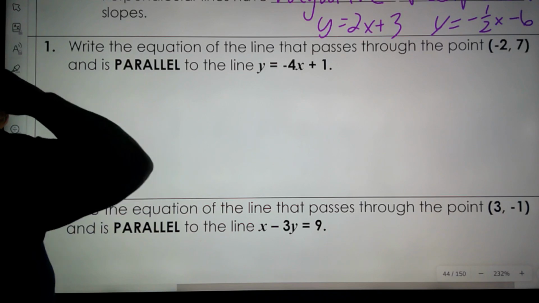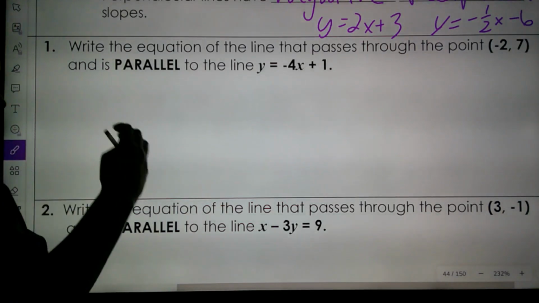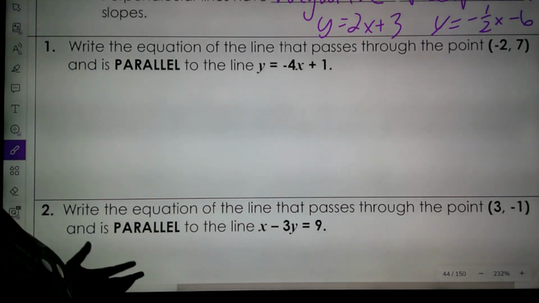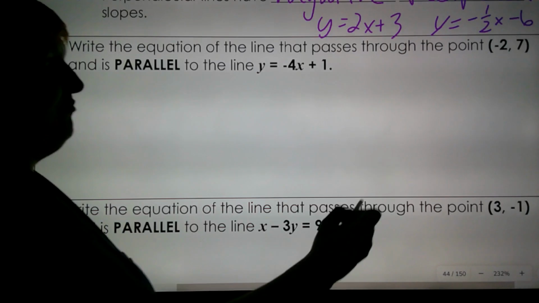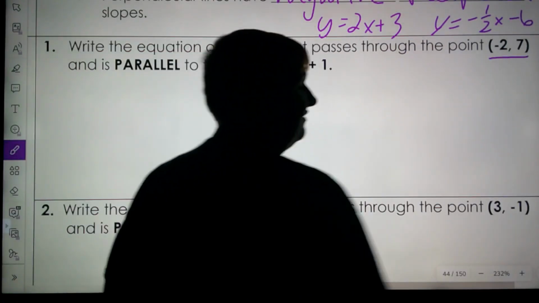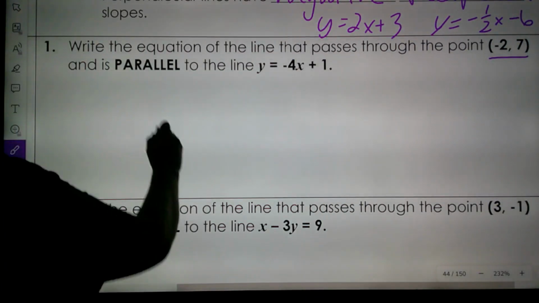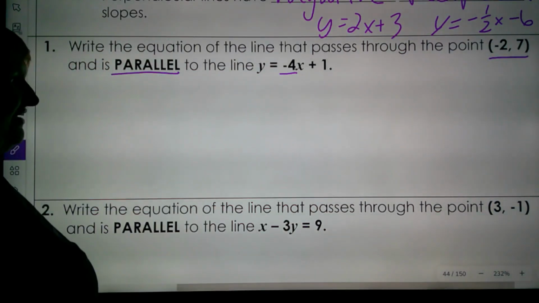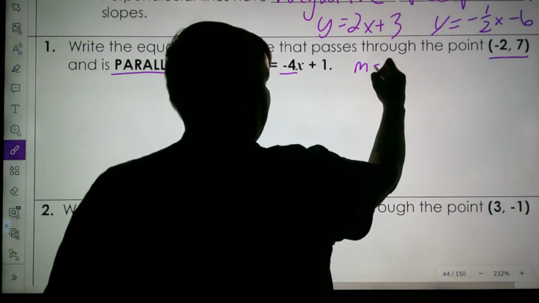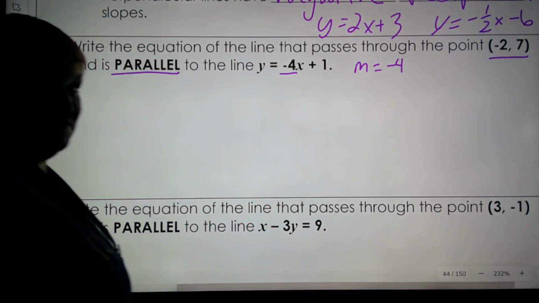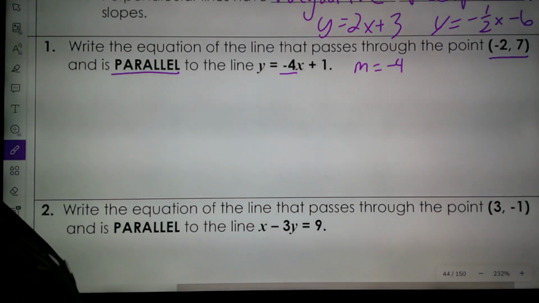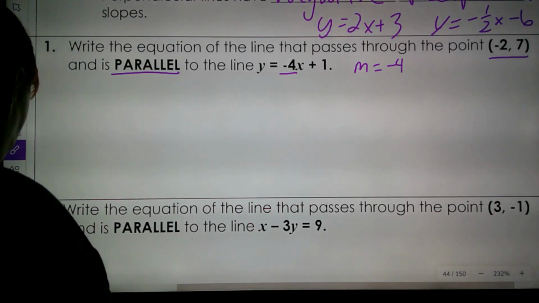So how would we do this? If we have the point and the slope, we would use the point-slope formula. We have the point, and because we want it to be parallel, we have the slope. Slope has to be negative 4. So we have point and slope. All we have to do is plug it into the point-slope formula.